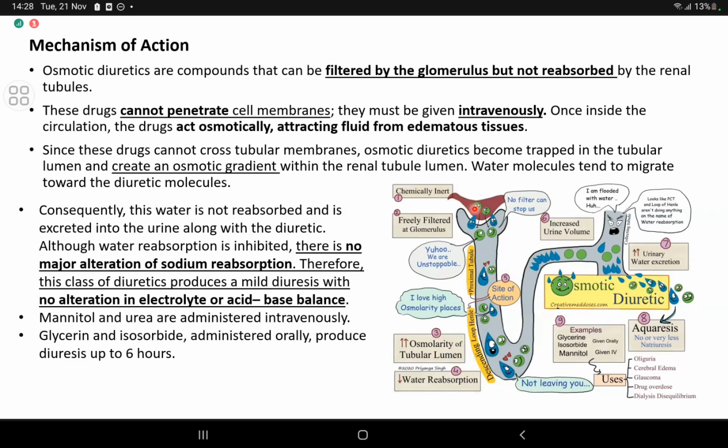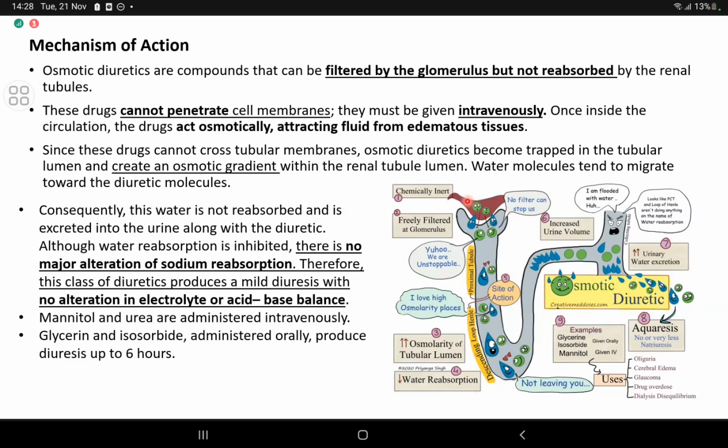It enters after filtration into your tubule or Bowman's capsule. Look at this small figure here. The green color indicates the osmotic diuretic drugs.